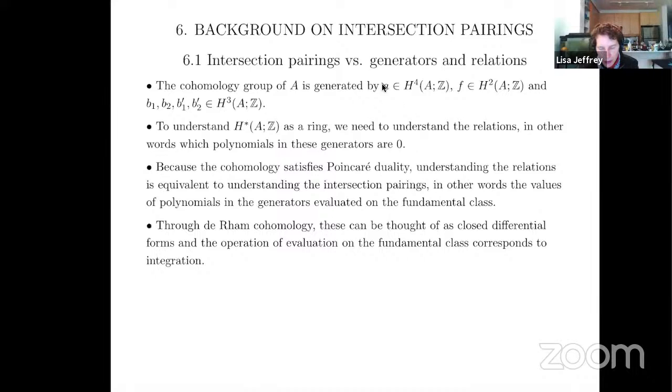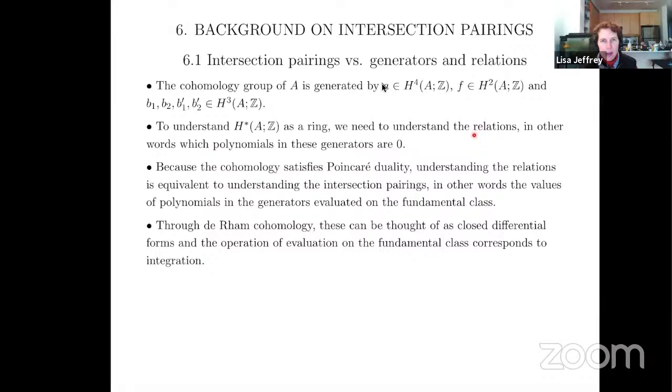Let me give you some background on intersection pairings. So the cohomology group of A is generated by one element in H4, one in H2, and 4 elements in H3. If you want to understand it as a ring, you need to know the relations. In other words, which polynomials in these generators are 0.